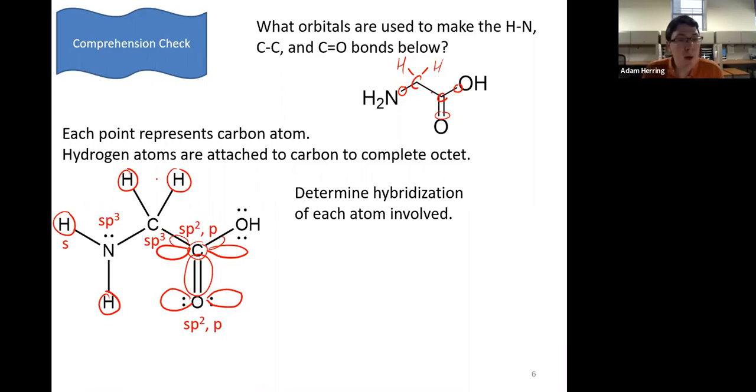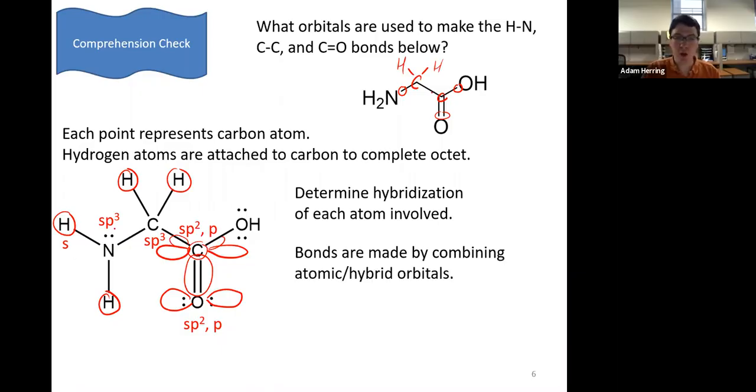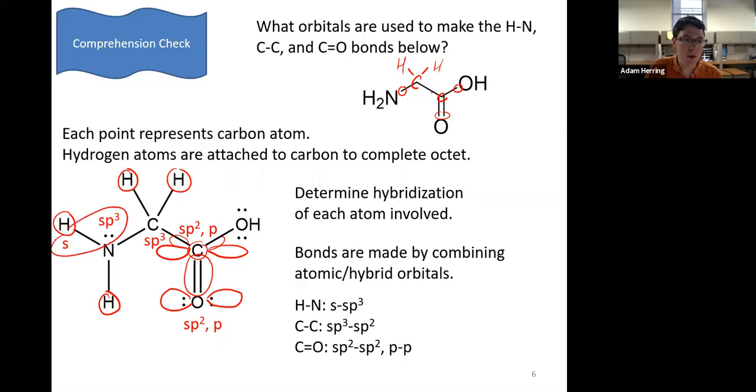So all we need to do now to determine which combinations are involved to make the bonds is to literally combine the notations for the hybridization. So the bonds are made by combining the atomic and or hybrid orbitals together. So the hydrogen-nitrogen bond is made by combining the hybrid and the atomic orbital. It's an s with an sp3.